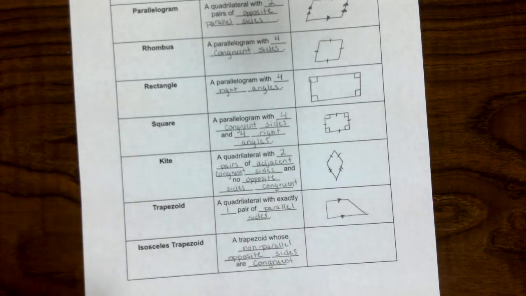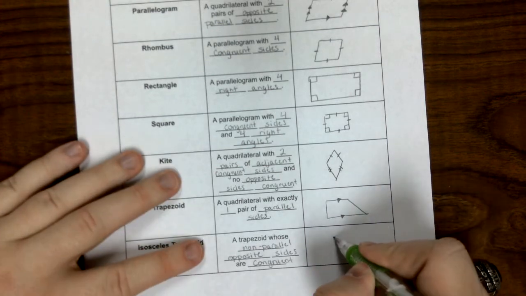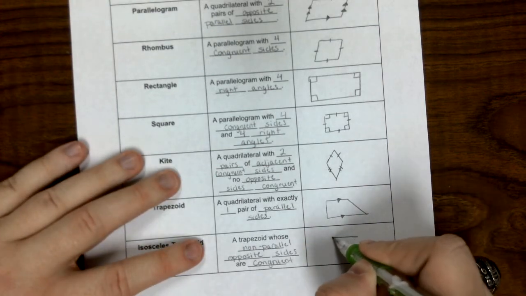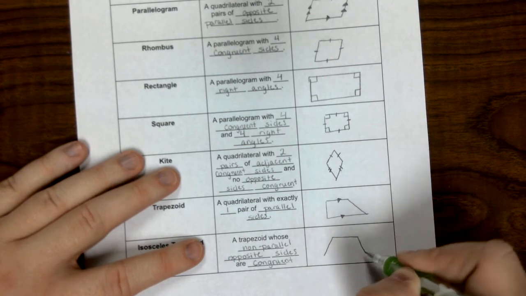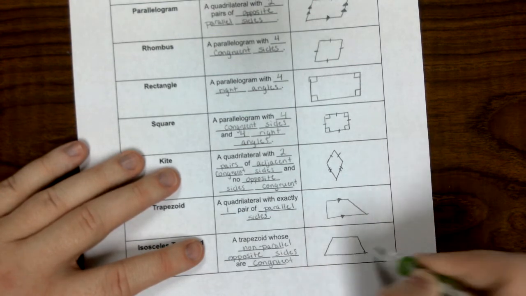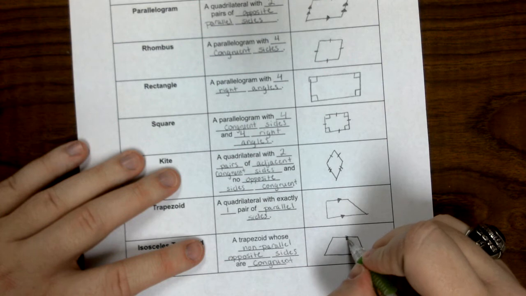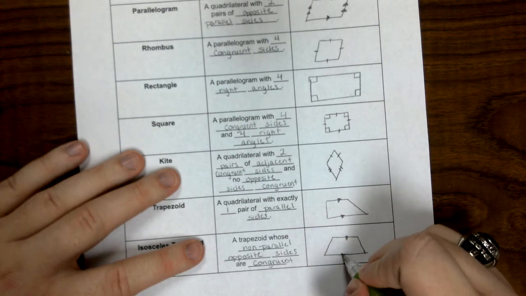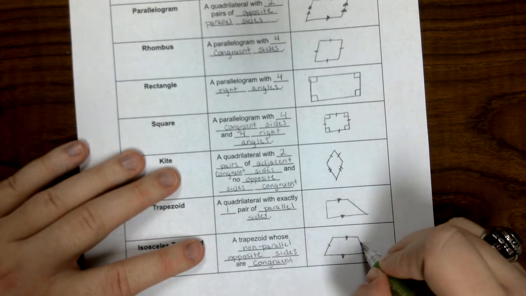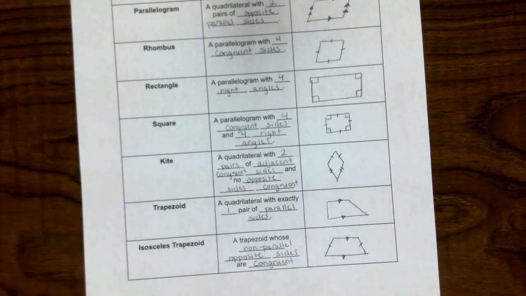And when we get to the actual trapezoid lesson, we'll know that those sides are called the legs. But anyway, if we draw an isosceles trapezoid, you're probably more familiar with the trapezoid being this shape. So that side is parallel to this side, and then that and that are congruent. Something like that.